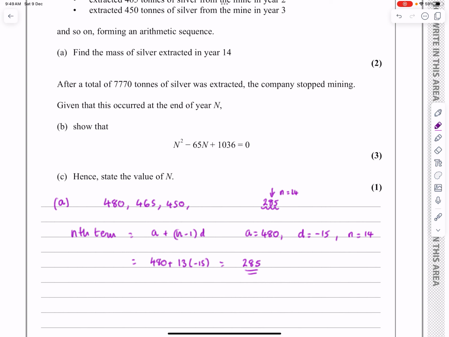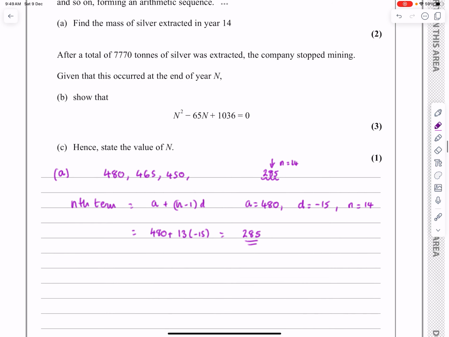Right, for part B it then says, when you get to the total of 7,770 tonnes, the company stops mining. So that's the total. For part B, what we're going to say is that 480 plus 465 plus 450, if we keep going, eventually we get 7,770, and what they want to know is how many of these do I do before I get to that situation.